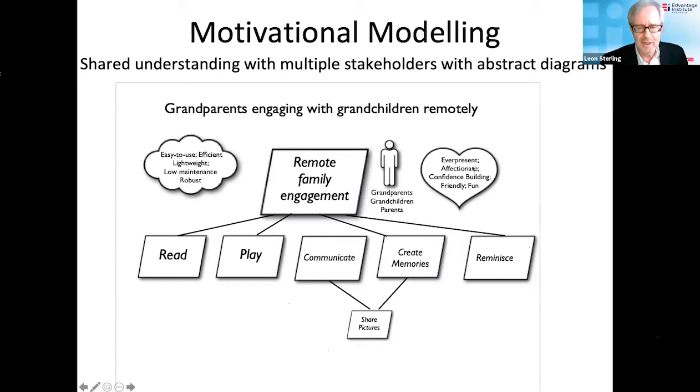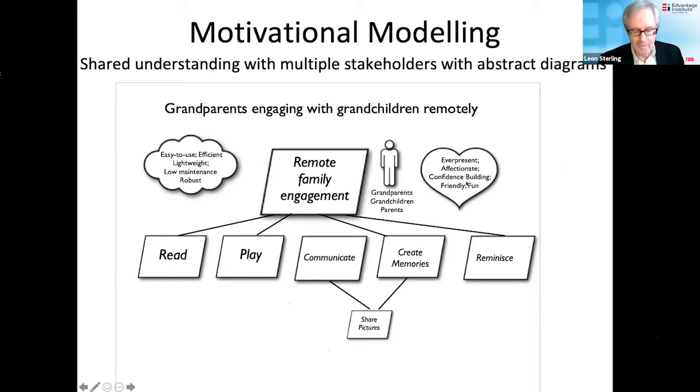And what are the feelings that you're trying to look at? That grandparents wanted to feel they're part of their grandchildren's lives, so it's ever present. That the interactions show the affection that people have for each other. That you want it to be friendly, to be fun, as I said, that was a key part of it, and building confidence in using technology appropriately.